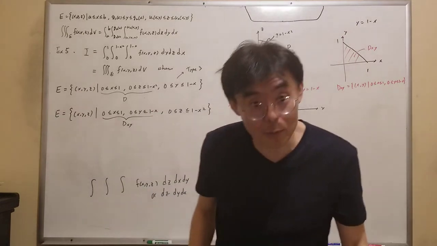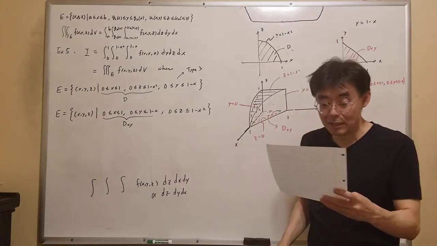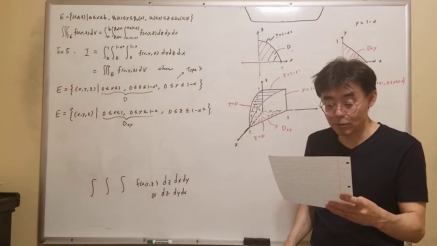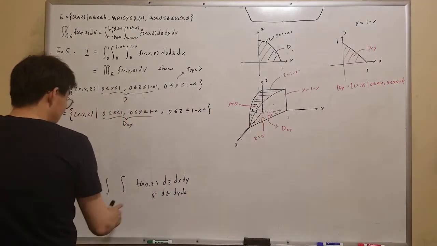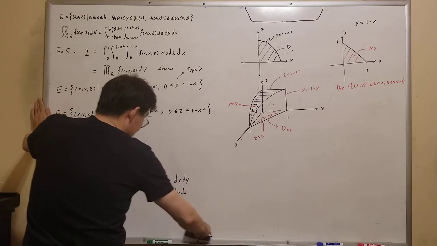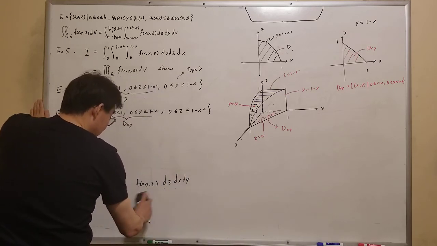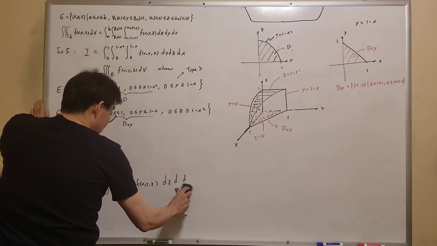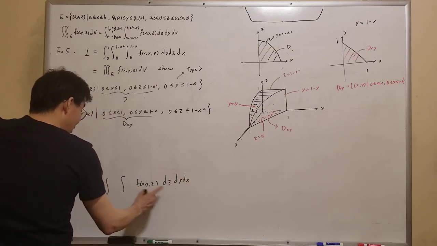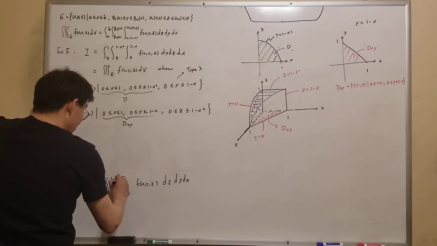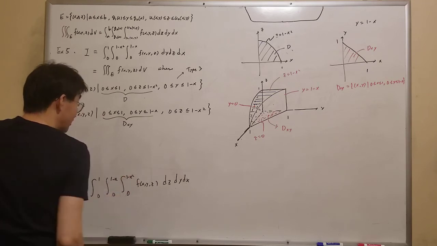You can write it this way, all right? Then you just have to write it twice. Therefore, E can be written as dz dy dx, x runs from 0 to 1, y runs from 0 to 1 minus x, z runs from 0 to 1 minus x squared.